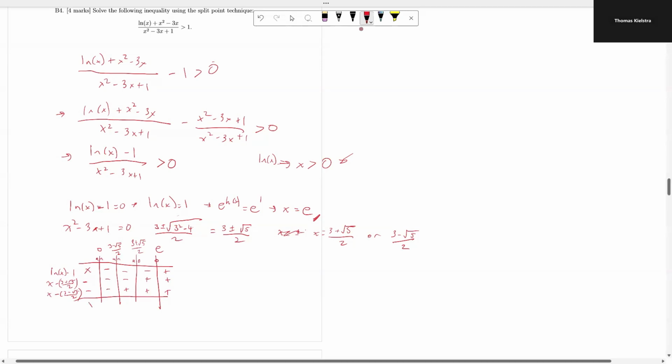I do my multiplication. I'm undefined for less than 0, undefined at 0, negative for less than 3 minus root 5 over 2, undefined there, positive, undefined, negative, 0, positive. And now I have a strict inequality.